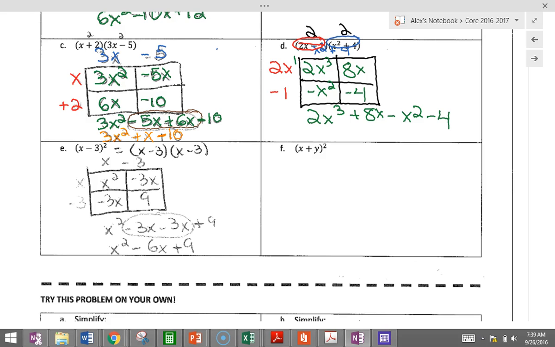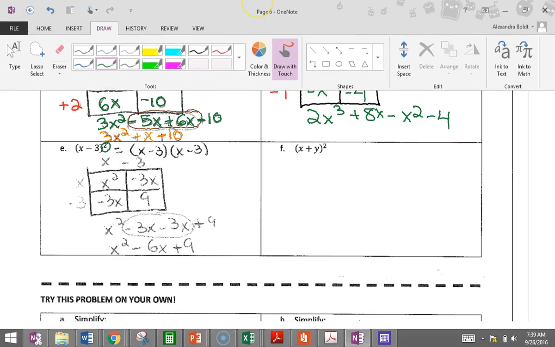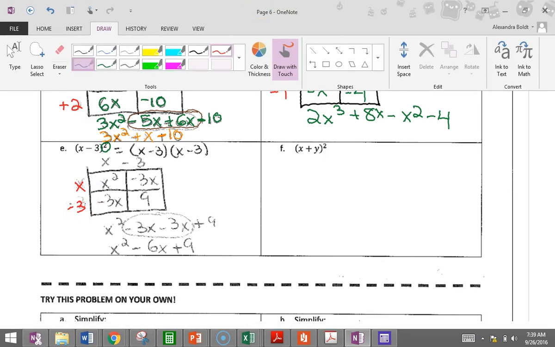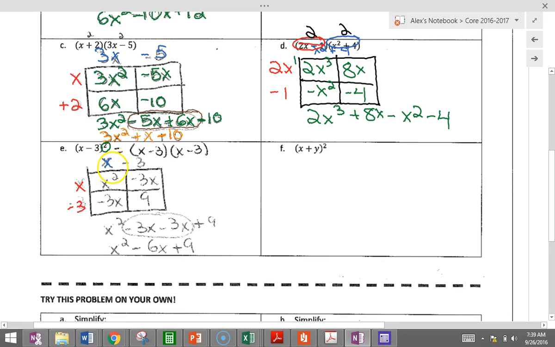Alright, looking at number E. Number E gets a little different. We see x minus 3 squared. As soon as you see that 2, you know you have to multiply this by itself. So x minus 3 squared is really the same as x minus 3 times x minus 3. So when I create that box, I have x minus 3 on the side, and I have x minus 3 on top.